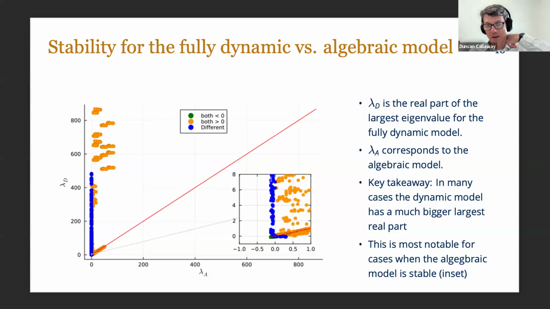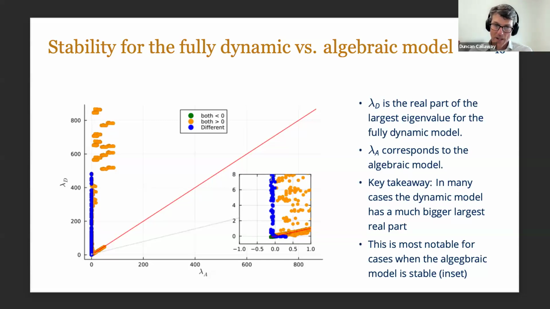The blue points up here, the dynamic model is unstable, whereas the algebraic model is stable. And the points over here, the dynamic model is stable, whereas the algebraic model is unstable. So we see a very large number of cases in which the system is stable according to the algebraic model, but we come up here and the dynamic is actually unstable.